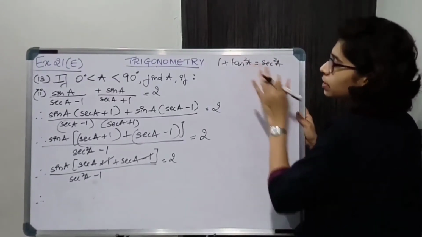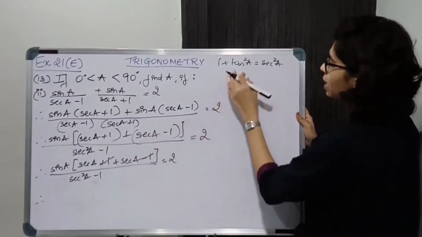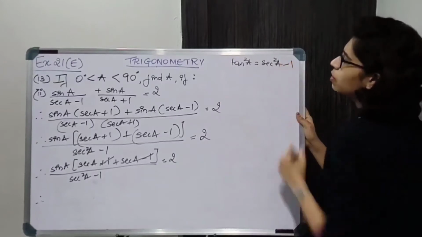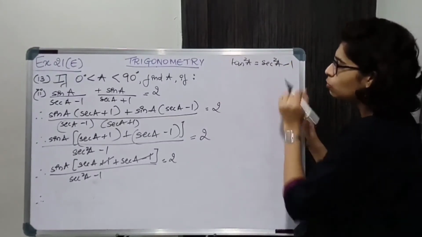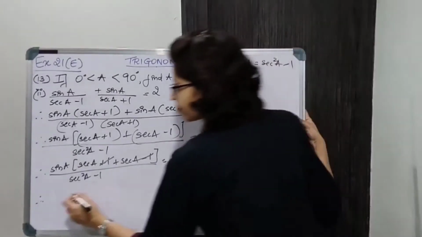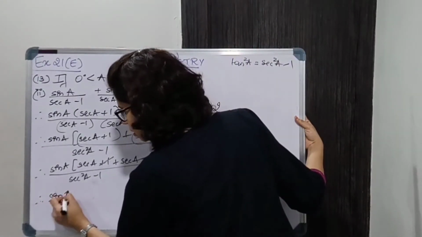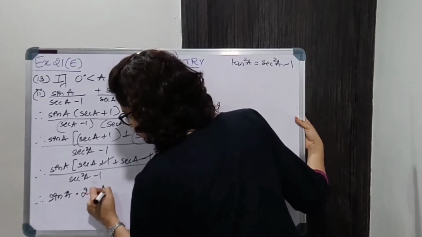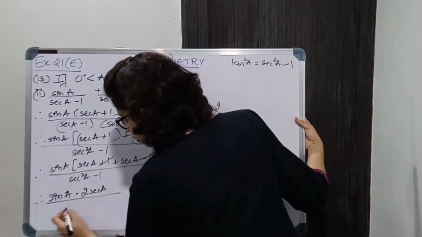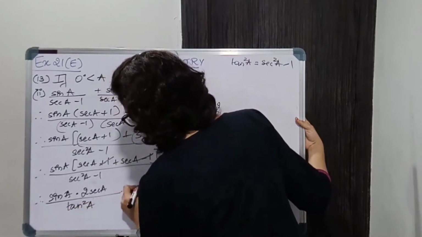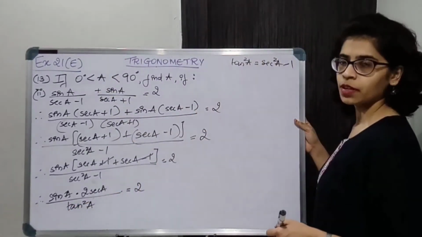So in this identity we have sec squared A minus 1. If you shift 1 over here, tan squared A is equal to sec squared A minus 1, so I can substitute tan squared A over here. So sin A into 2 sec A upon tan squared A is equal to 2.